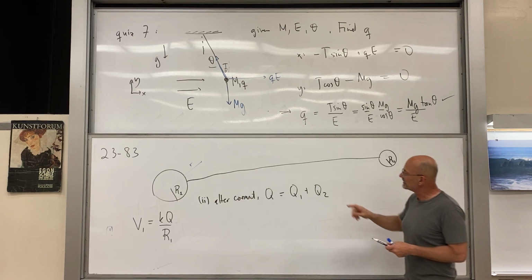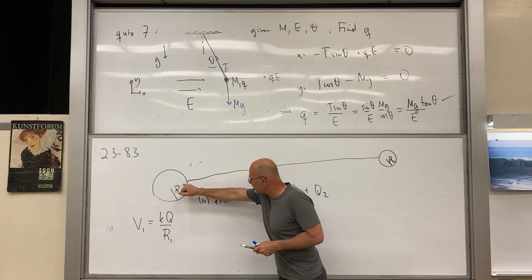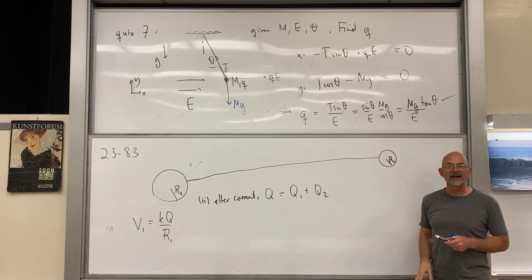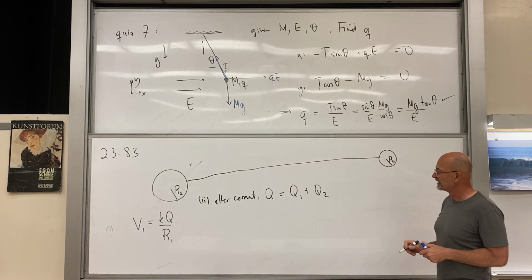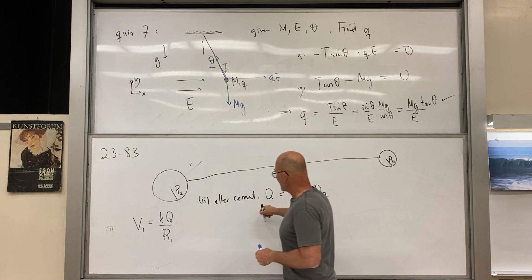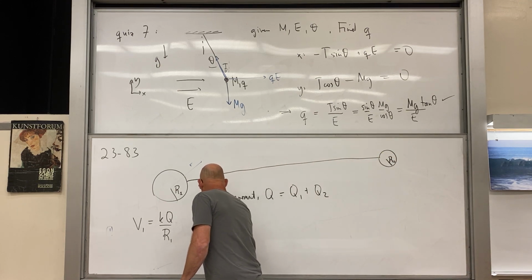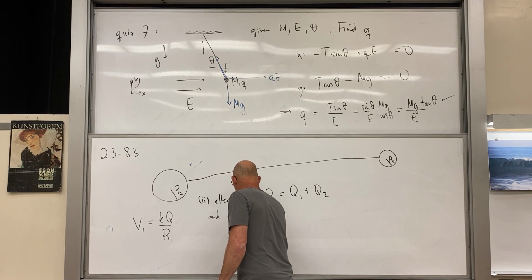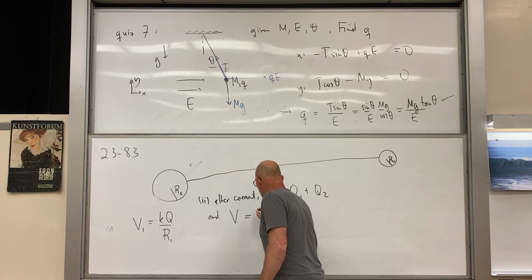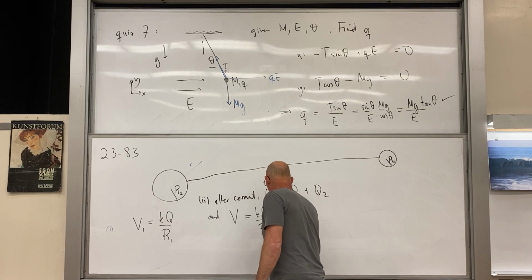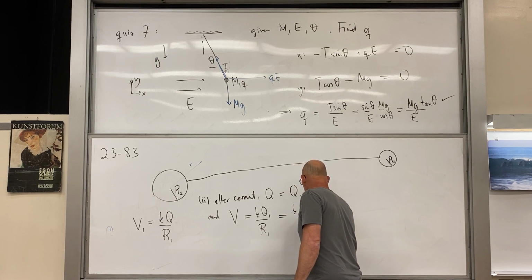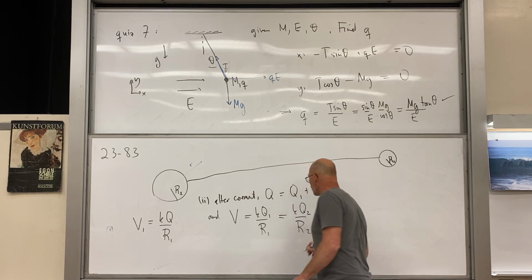But because it is a conducting wire, and conductor, the entire system is now an equipotential, okay? So after we connect, we have this, and I could say V is equal to KQ1 over R1 equal to KQ2 over R2.